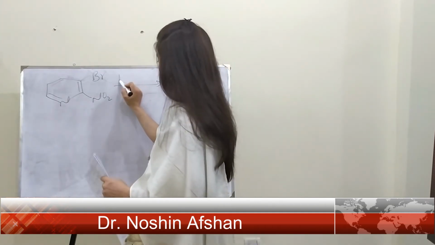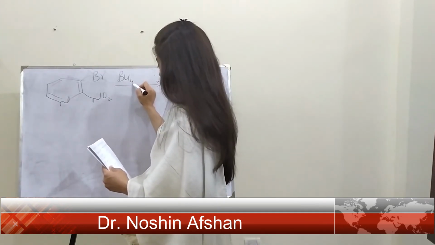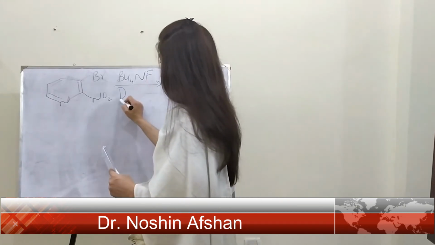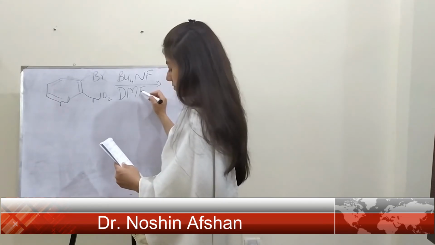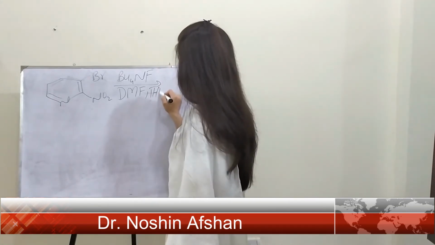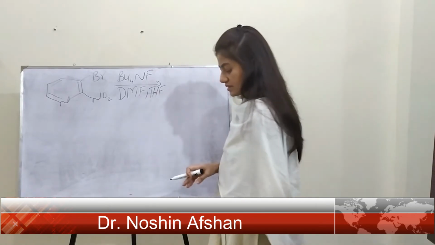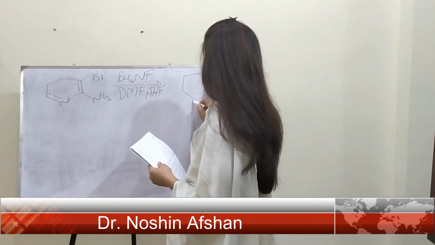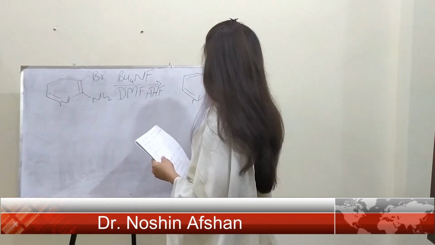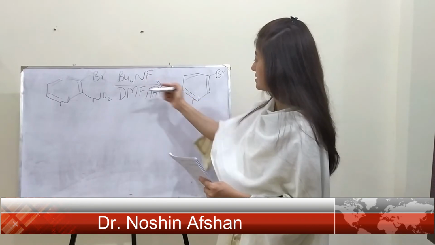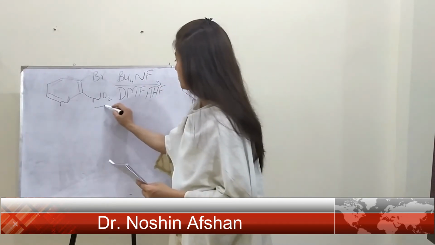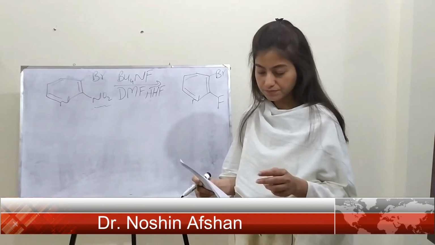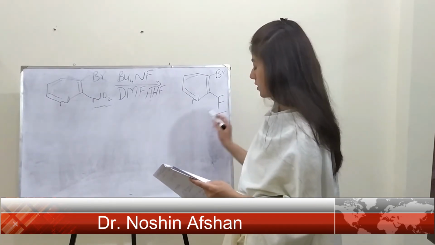It is treated with Bu4NF with DMF, dimethylformamide, and tetrahydrofuran, and in this case our final product becomes: the bromine would be attached as it is, and here this nitro group would be substituted with fluorine, and this would be our final product.